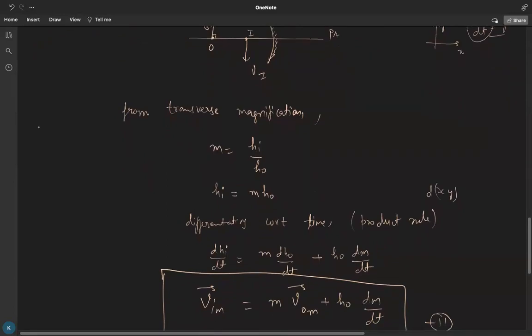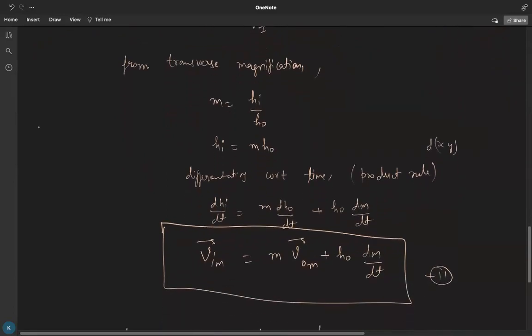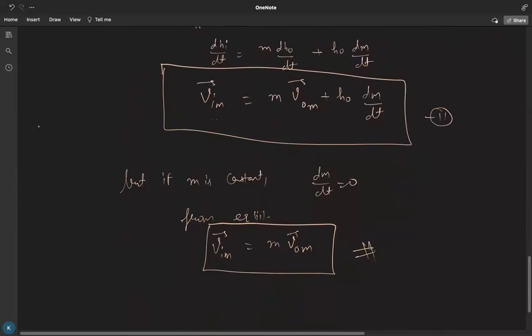When I do so, we get a relation: the velocity of the image with respect to the mirror is equal to m times the velocity of the object with respect to the mirror, plus the height of the object times dm by dt, which is the magnification differentiated with respect to time. What if m is constant?